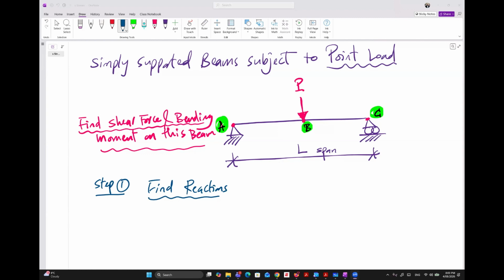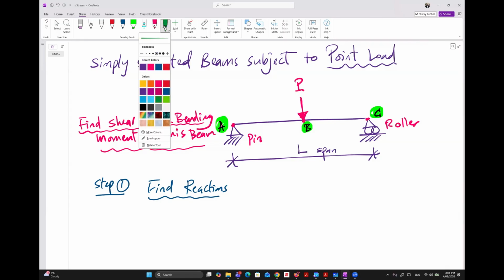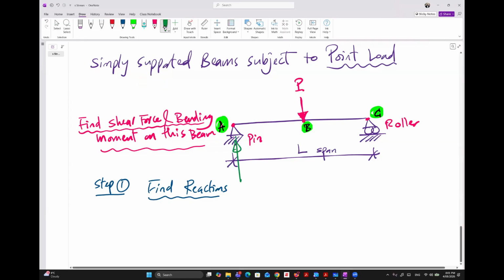So how many reactions do we have for this case, if you know? Clockwise and anti-clockwise. Sorry, I didn't hear you. So two reactions, yep. So we have two reactions at A. Why? Because A is a pin support and C is a roller support. For the pin support, we have two reactions. One is vertical.